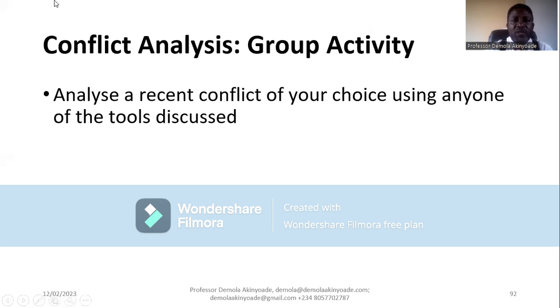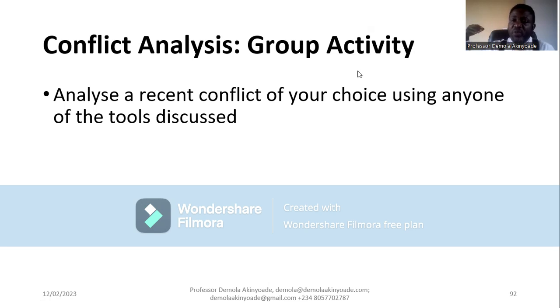Now, we will do this activity. It will take about 10 minutes. You will take any conflict tool we have discussed, and then on your own, it could even be a conflict you are working on. That would be the most appropriate thing to do.